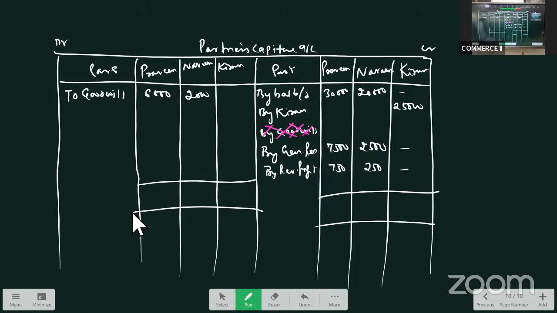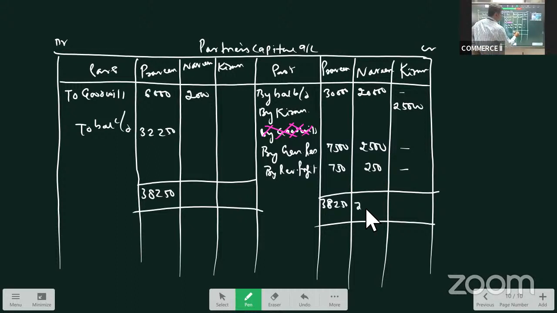So you see 37,000, 38,250. 38,250 minus 6,000 is 32,250. This is the closing balance of Praveen's account. 32,250 is the closing balance of Praveen's account. Naveen's account, you see 22,750. 22,750 minus 2,000 is 20,750, and 25,000.